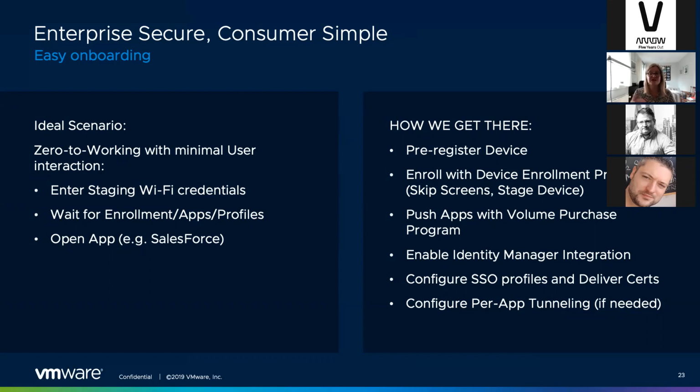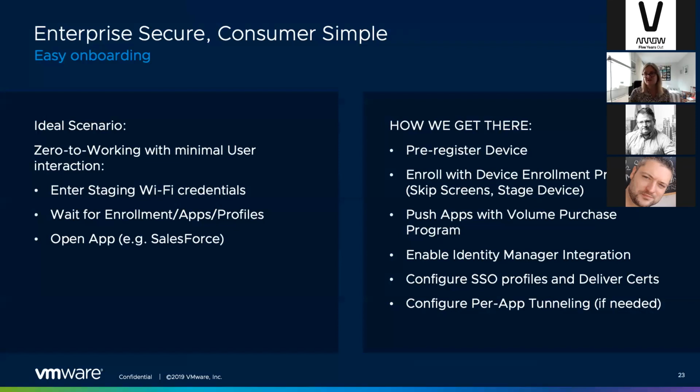But how do we actually get there? Well, to get there, you have to pre-register the device. This could be a mobile device or a Windows device or a Mac or anything. Then you have to enroll with the vendor's device enrollment program. You can skip screens or you can stage the device. And then you would have to push applications that you have already purchased with that specific vendor or internal applications.